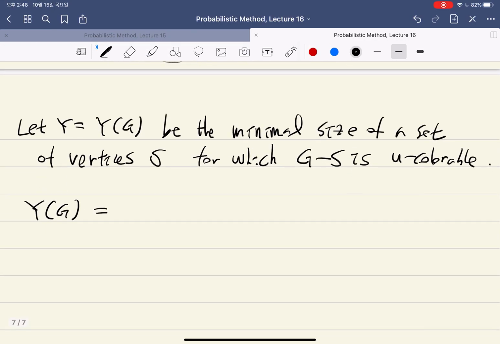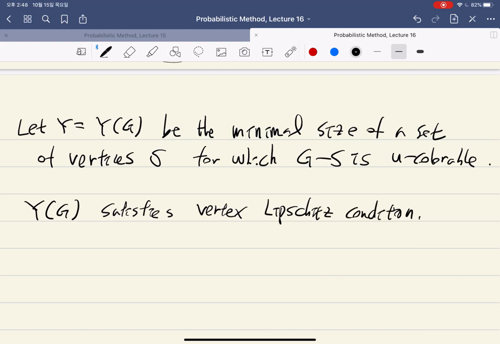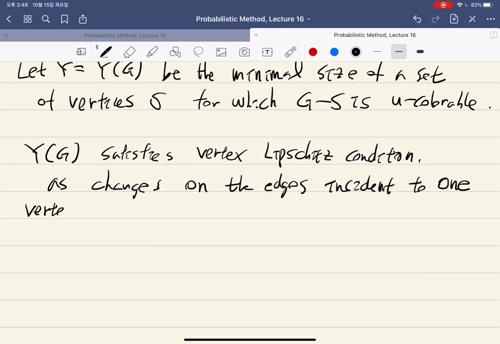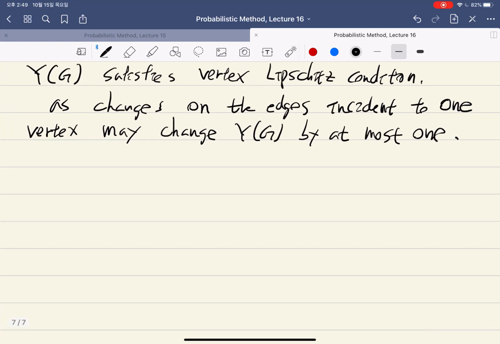So this satisfies the vertex Lipschitz condition, as the changes on the edges incident to one vertex may change Y(G) by at most 1. So we consider the vertex exposure martingale.